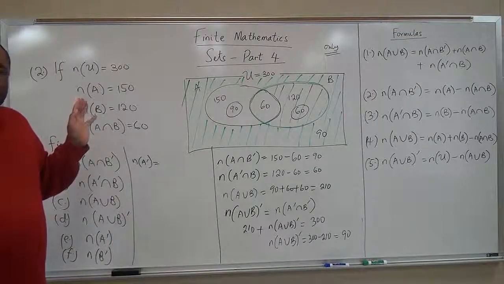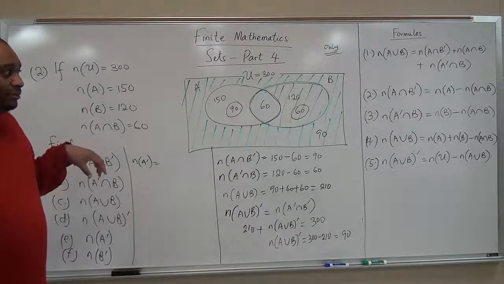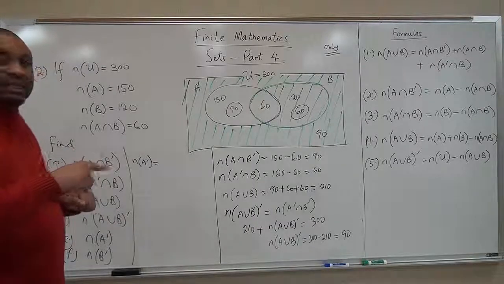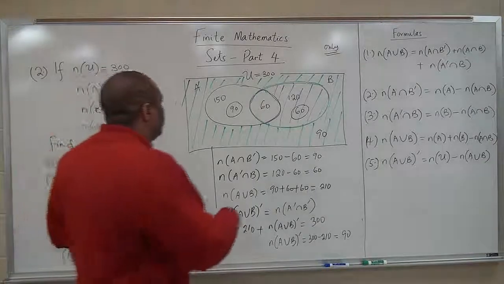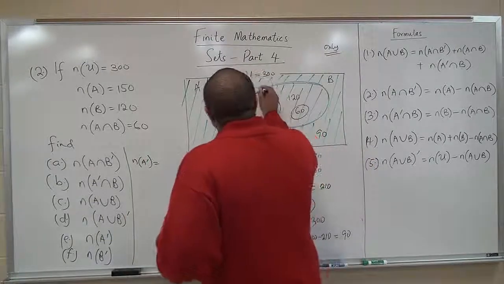But they are still in the universal set. So everything in the universal set that is not in A. So A is this circle.